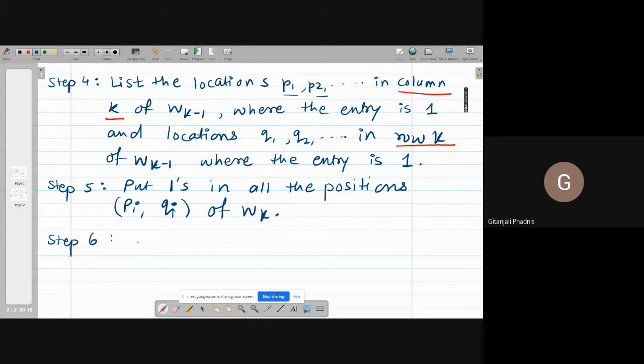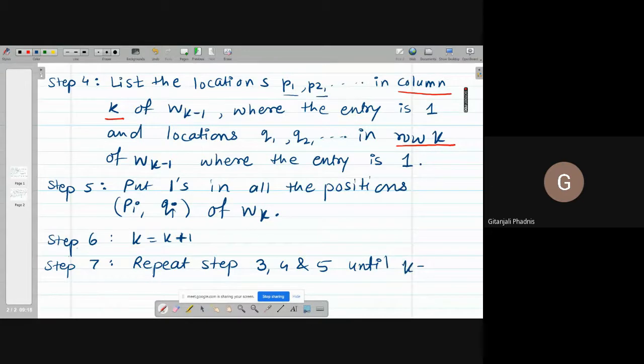Step 6, K is equal to K plus 1. So what do you mean by K equal to K plus 1?